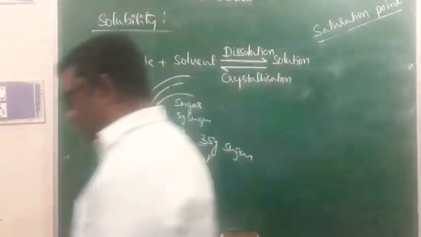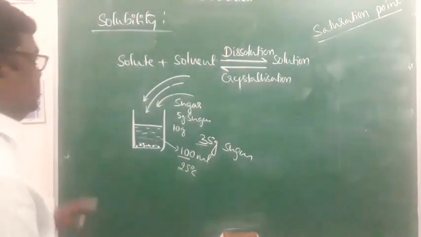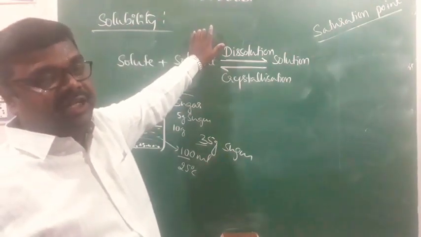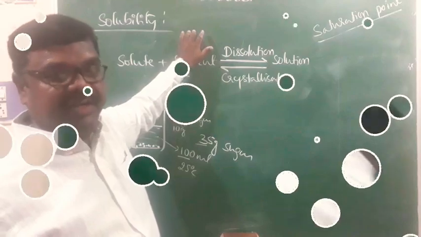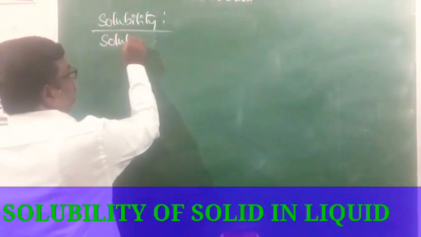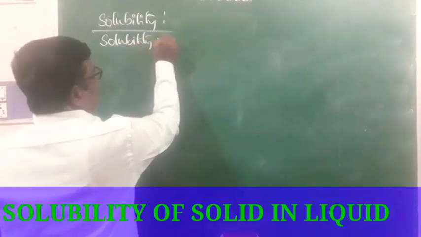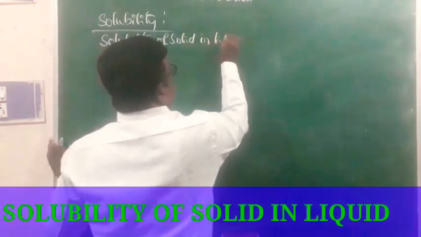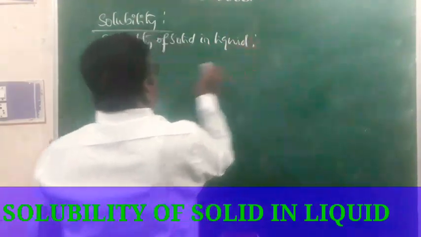Now at this moment, I am going to take up the solubility of solid in liquid and the factors affecting the solubility of solid in liquid. With respect to this discussion, there are three factors.